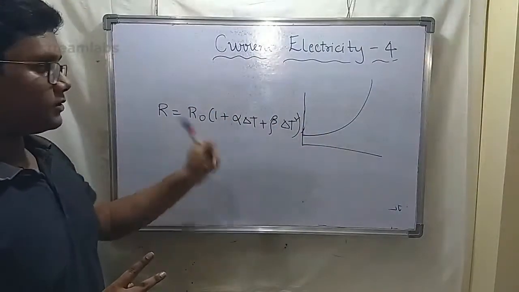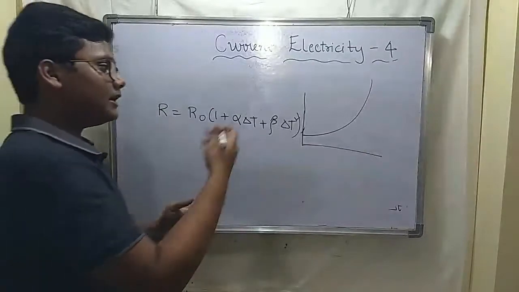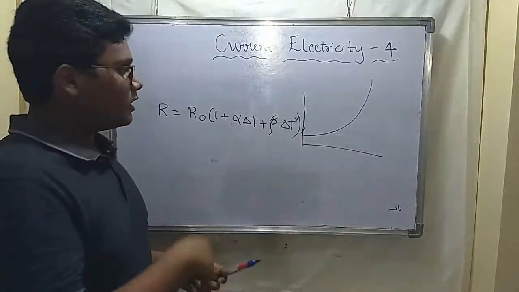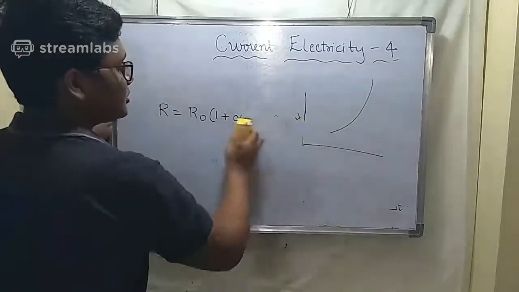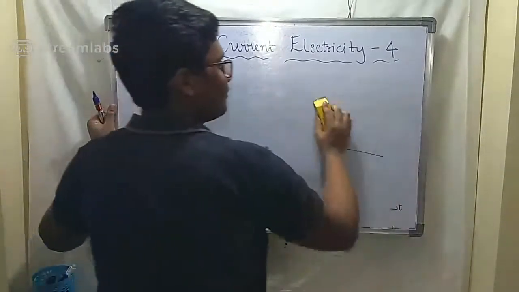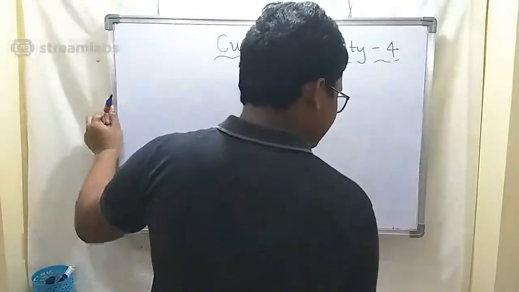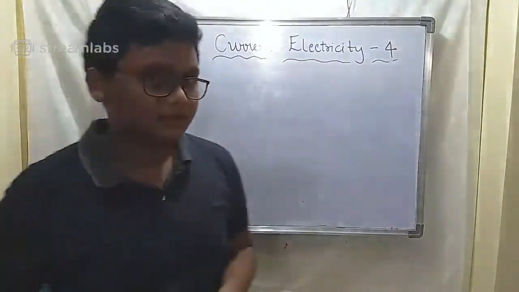If we neglect the delta T square, we will again get 1 plus alpha delta T. These are some exceptional cases, meaning when the parabola is taken at some extent and it is starting from there.